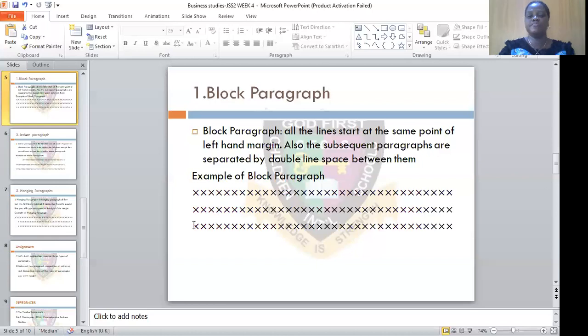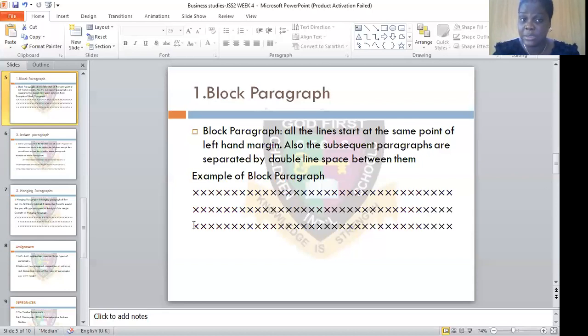When you bring out a foolscap sheet or an A4 paper and you see the letter characters starting from the same point, from the beginning to the end, you should be able to identify it as block paragraph. Did you understand me?